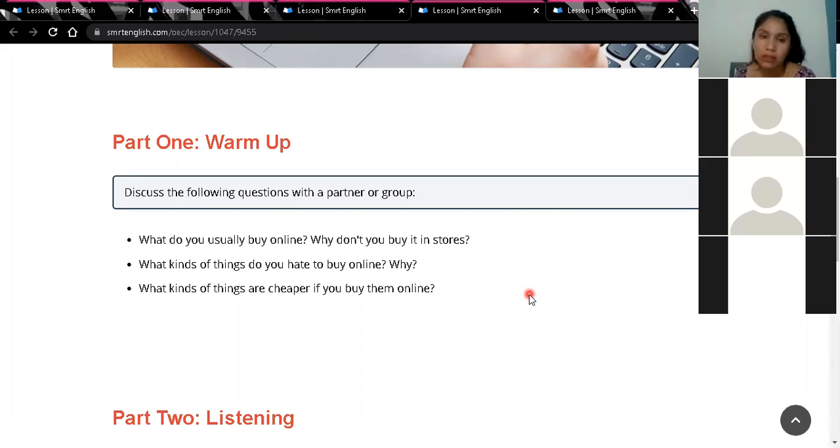Books, okay. What else? Sometimes clothes. Sometimes electronics, if there are offers. I think it's a good idea to buy electronics online.